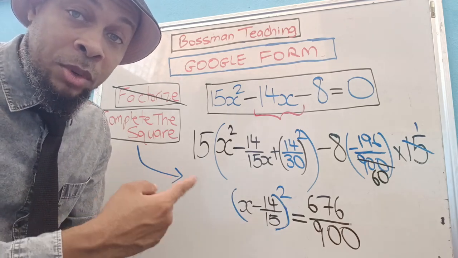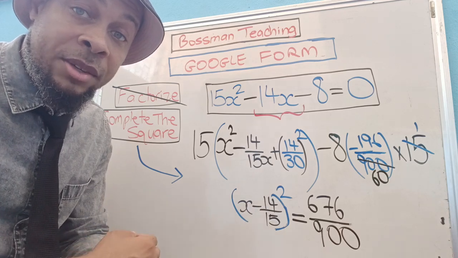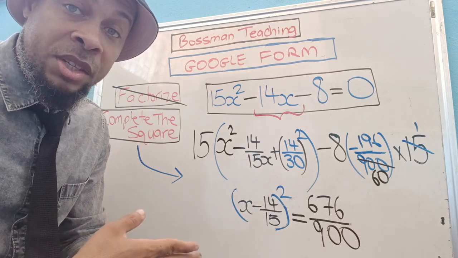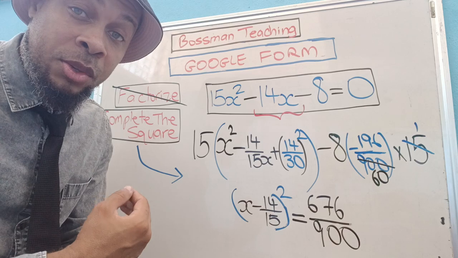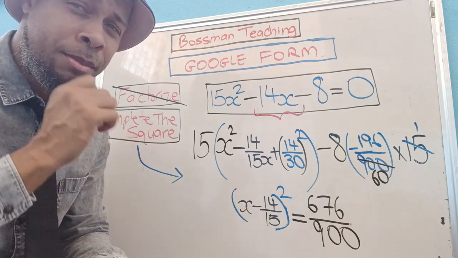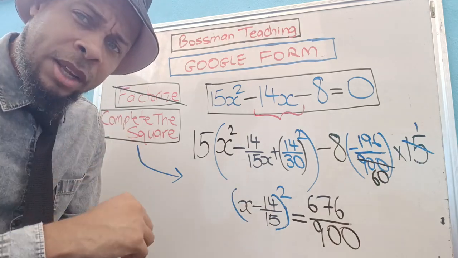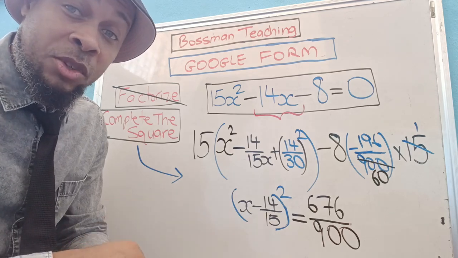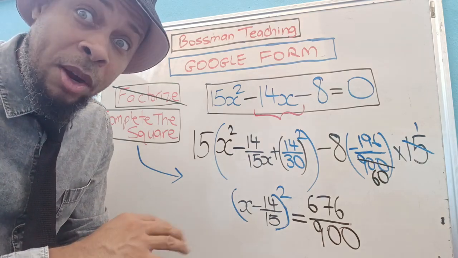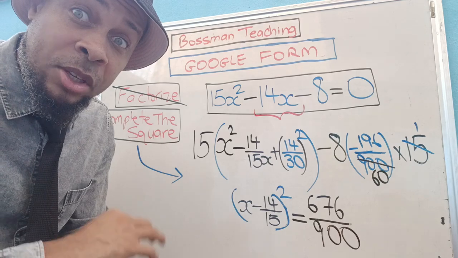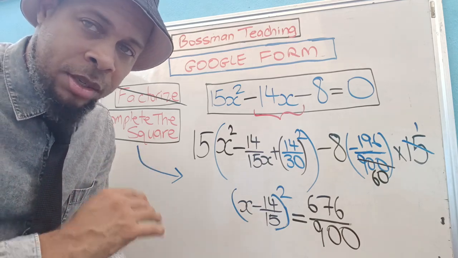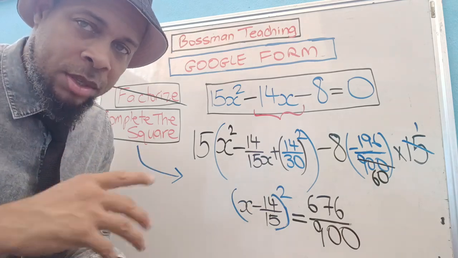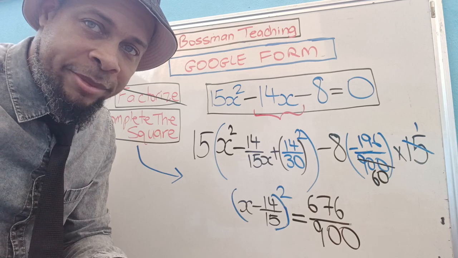Now we can square root the left and square root the right. So if you square root 676, you'll get 26. You square root 900, it's looking like 30. So let's square root both sides.